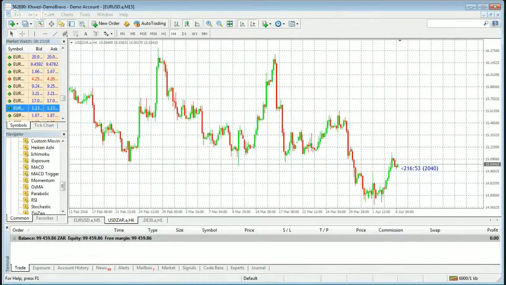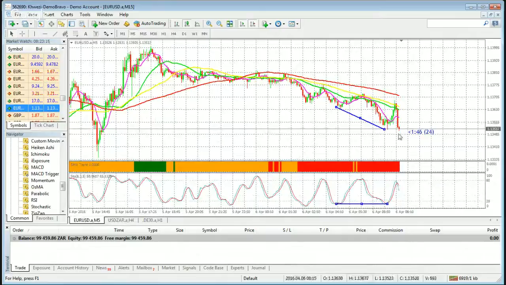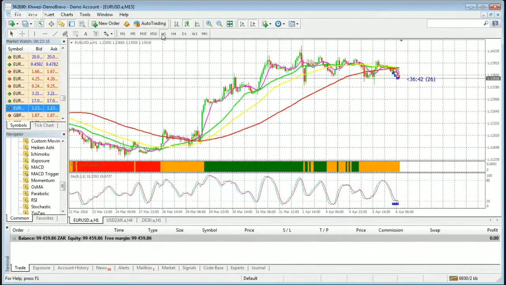Right, so at this point in time, let's go back to Euro US. I'm going to put this onto 1 hour. Let's quickly check here. Looks like we've got a level being tested here. So if it goes below that, it can go even further.